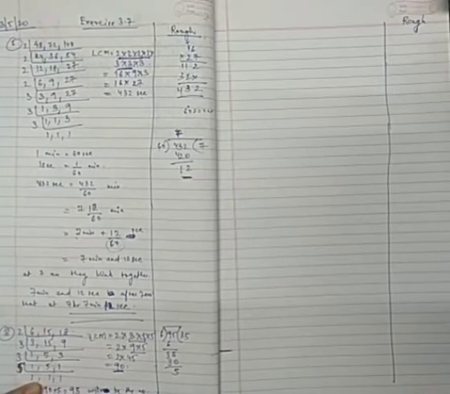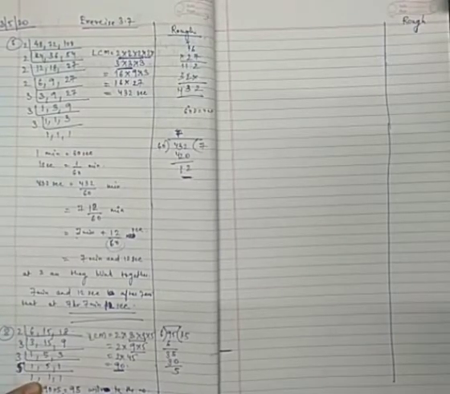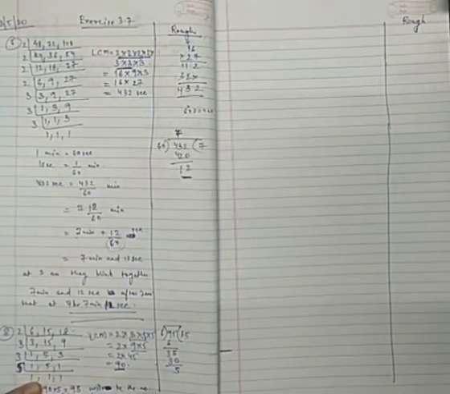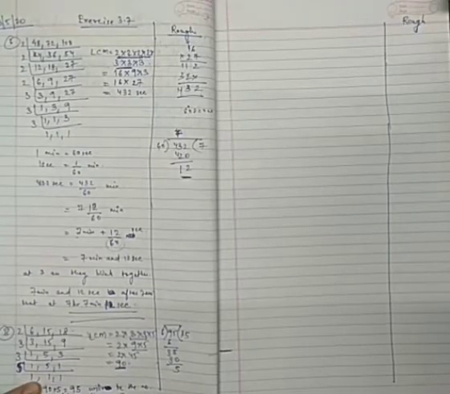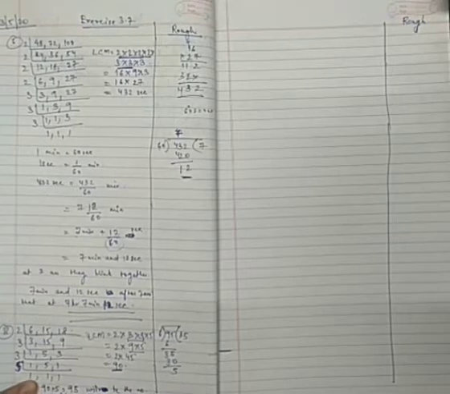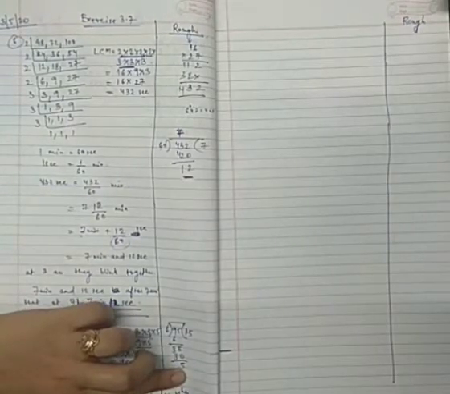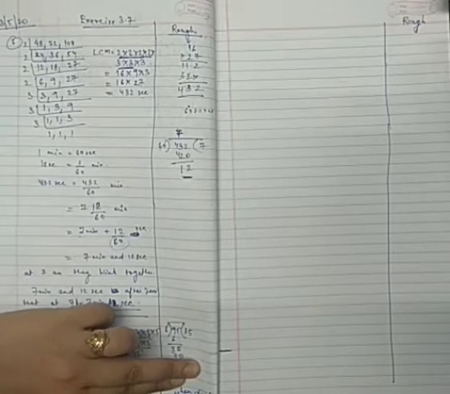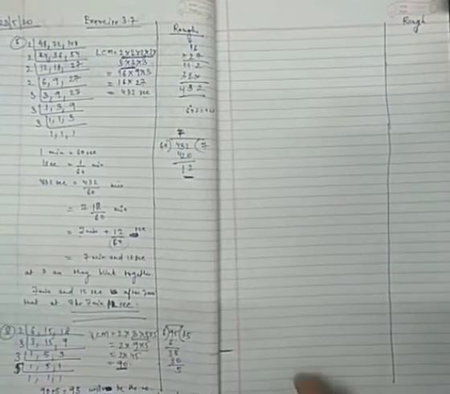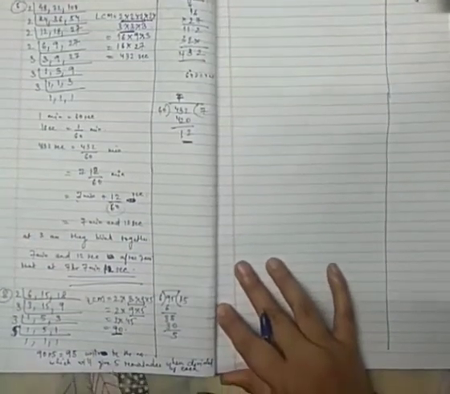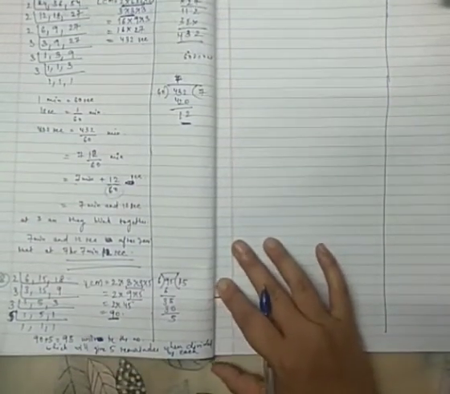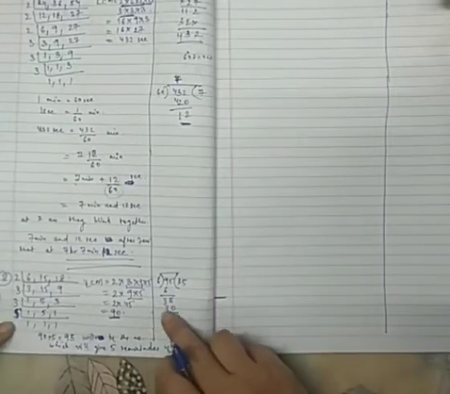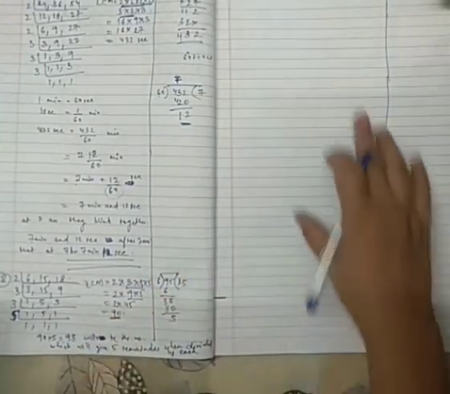So 95 will be the number which will give 5 remainder when divided by each. Right? So your answer will be 95.